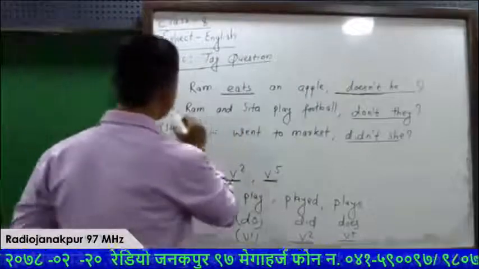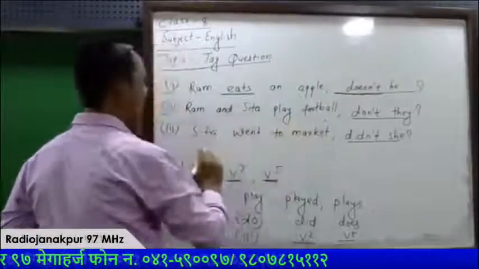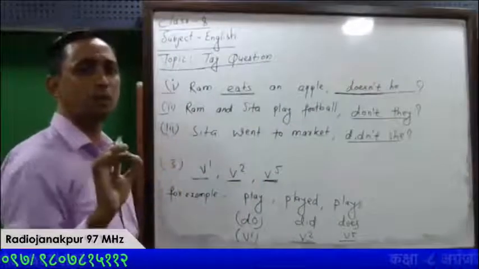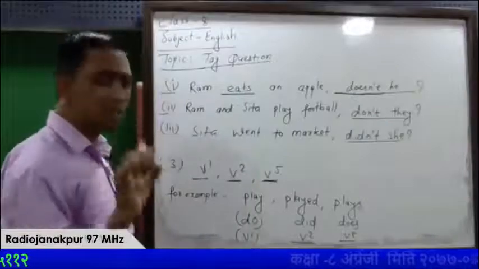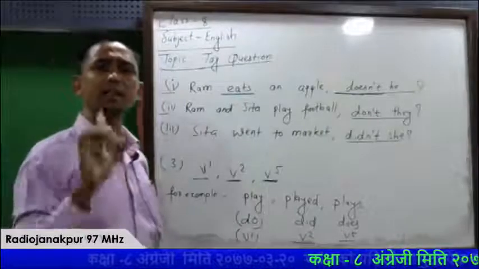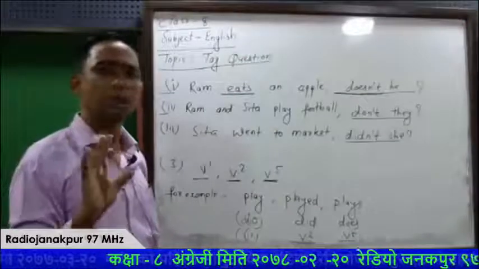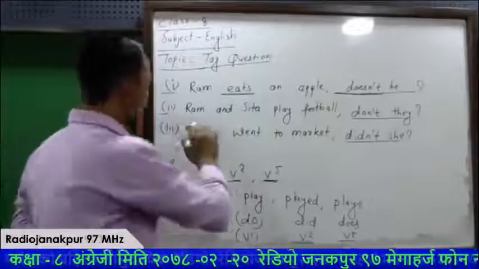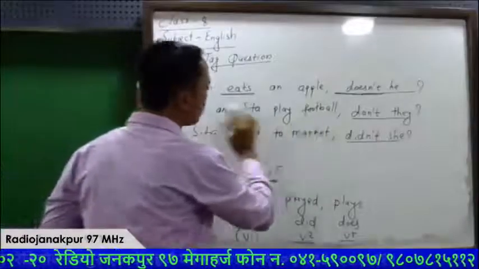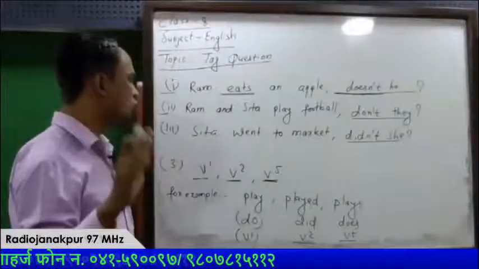Now look at this sentence, Ram and Sita play football. Also in the second sentence there is no auxiliary verb. It means we have to find out whether there is V1 or V2 or V5. No auxiliary verb means there must be V1, V2 or V5.